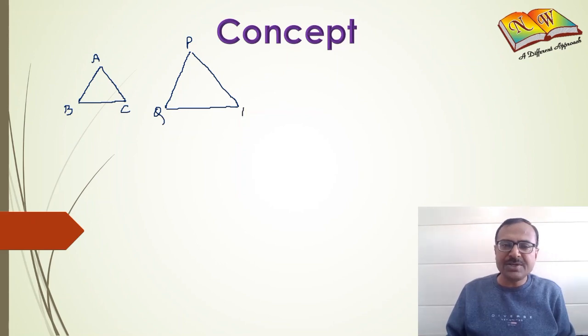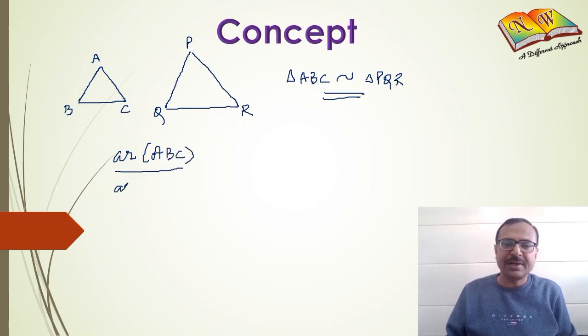If these two triangles are similar, then the property of ratio of areas states that if you take the area of the first triangle and take its ratio with the area of the other triangle, these two areas will be in a ratio equal to the square.